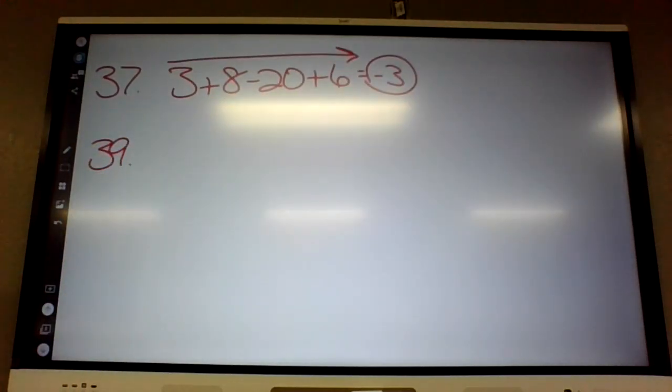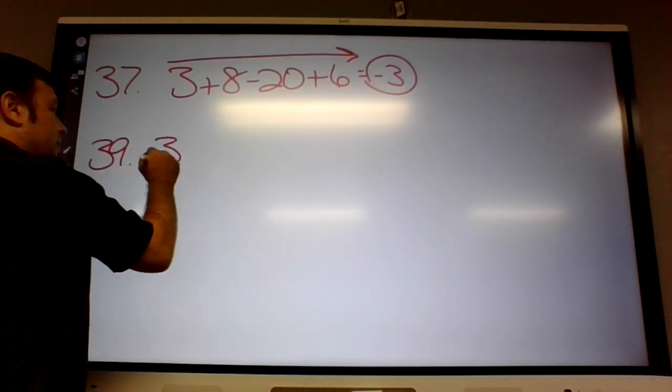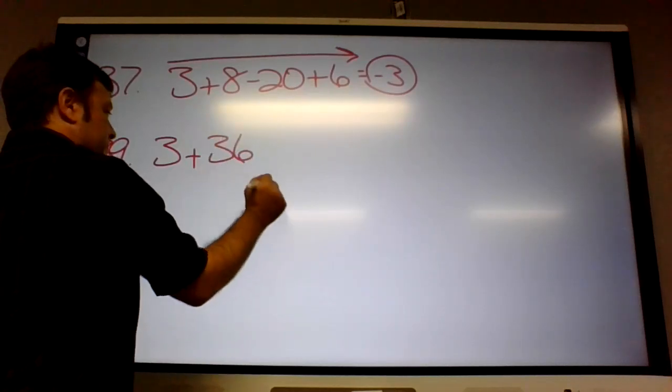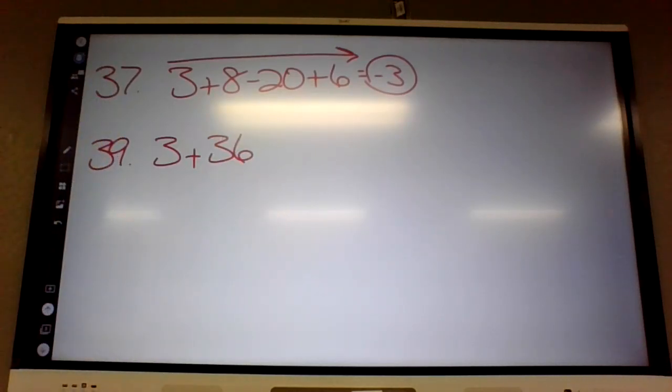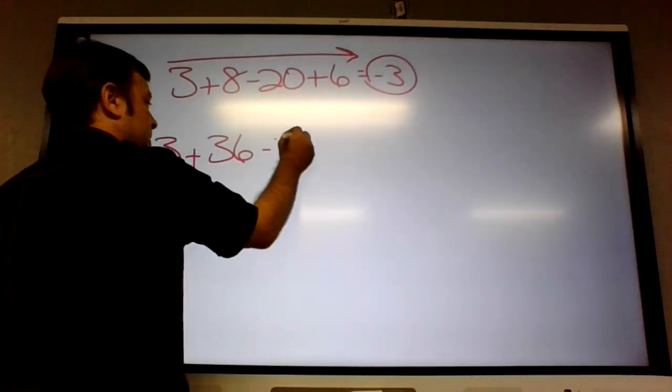All right. Pearson, what should we do first on 39? Exponent, then multiply, then add and subtract. So the 6 squared is going to become 36, and the minus 7 is going to stay.